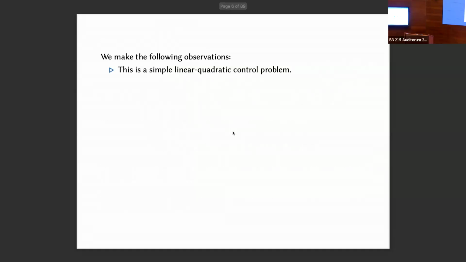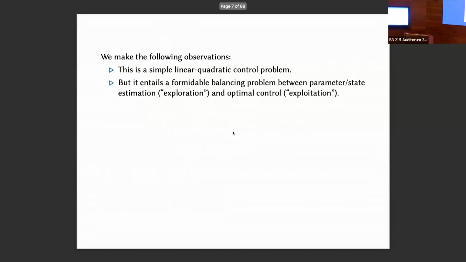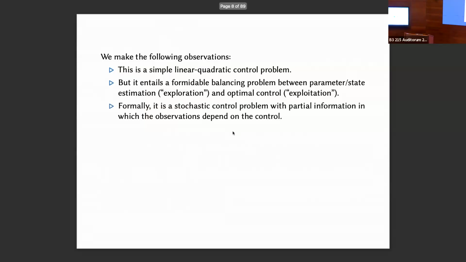So in general, what I wrote down on the previous slide is a very simple linear quadratic control problem. We know how to solve them. But there is a very challenging trade-off between actually estimating the parameter, the value of lambda, and optimally controlling your system. So it's in some sense an exploration-exploitation kind of trade-off.